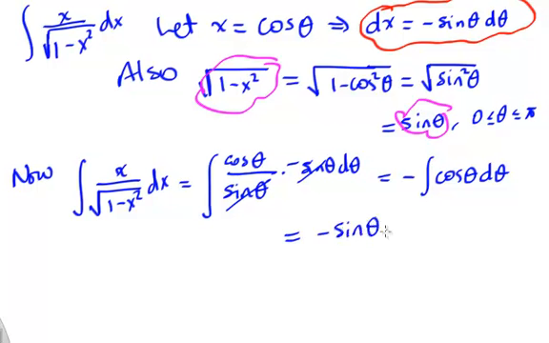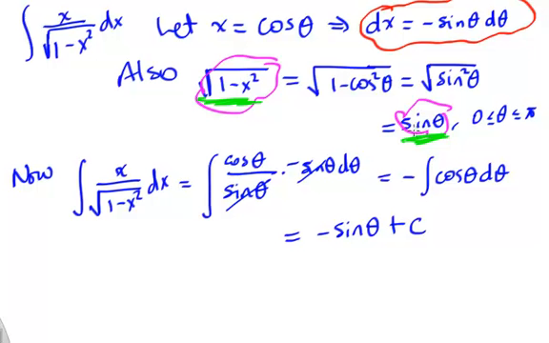and the integral of cosine theta d theta is sine theta plus C. But now we're kind of stuck here. I have sine theta. I like to give my solution in terms of x. I don't know what sine theta is. What I know is cosine theta equals x. But lucky for me, I have sine theta here, which equals the square root of 1 minus x squared.